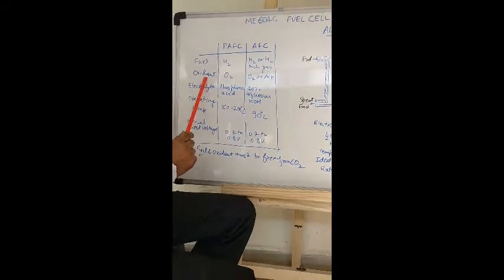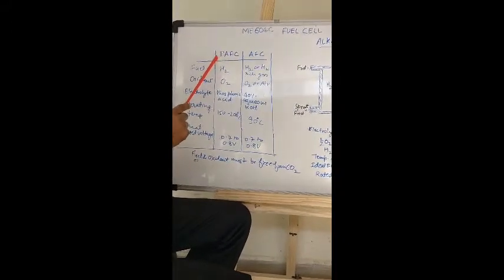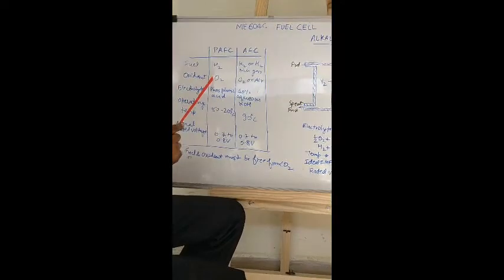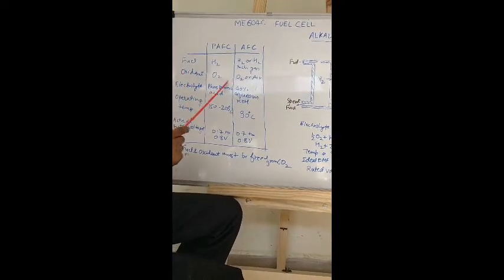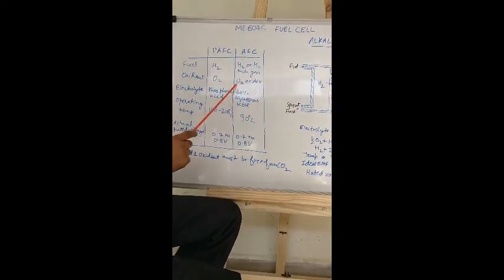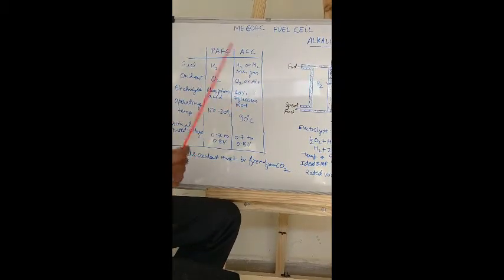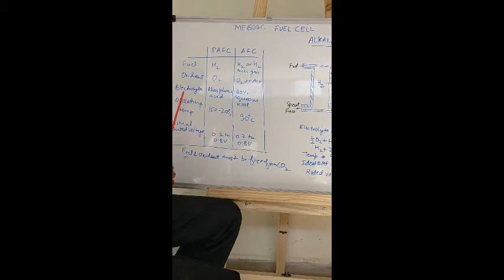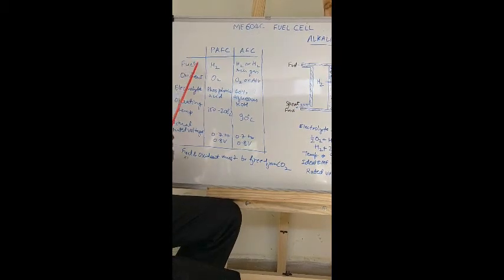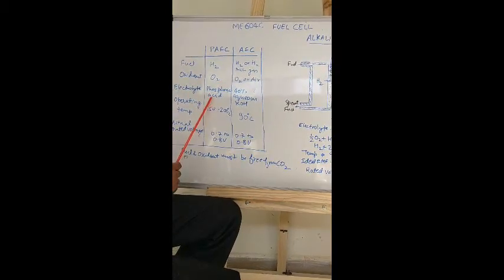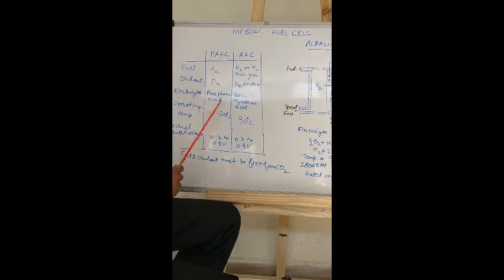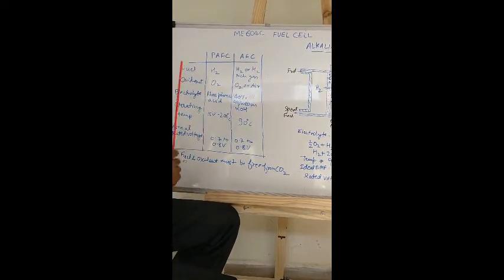If we talk about oxidant, then in case of PAFC, oxidant is normally pure oxygen, whereas in case of alkaline fuel cell, it is oxygen or air also. Electrolyte, the main difference lies in the electrolytes used. In case of PAFC, the electrolyte is phosphoric acid, whereas in case of alkaline fuel cell, it is 40% aqueous KOH.